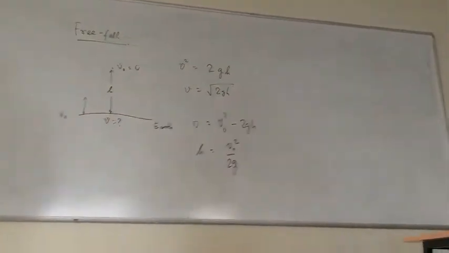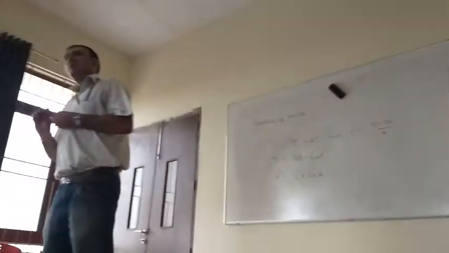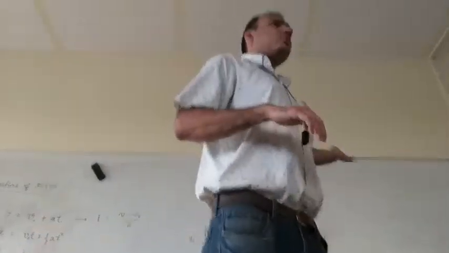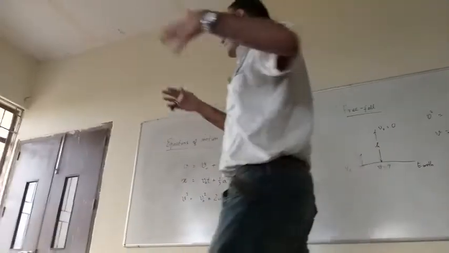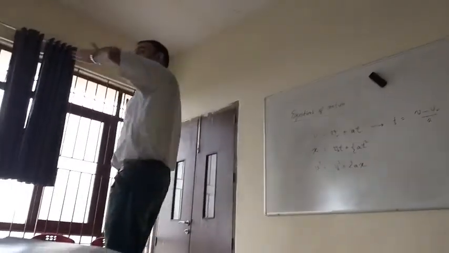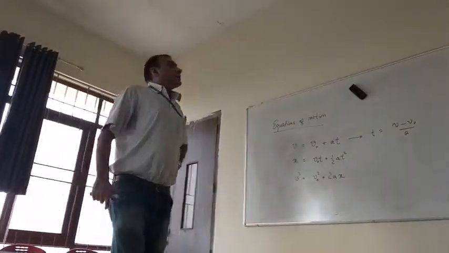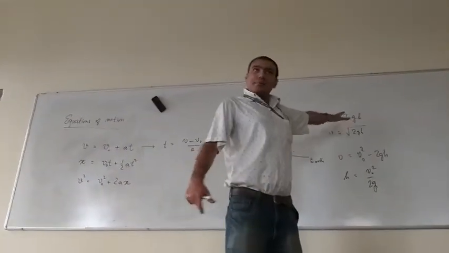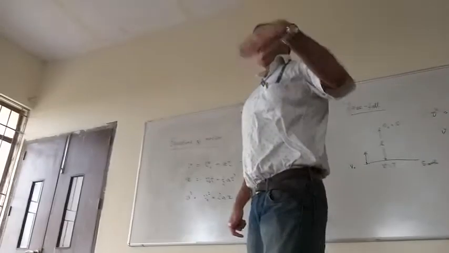Again, basic elementary stuff which we all have learned from high school as to how to use the equations of motion. Very, very simple equations. Very, very simple applications. Now, the same thing can also be obtained via the conservation of energy.